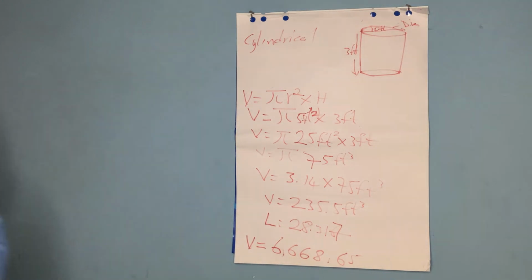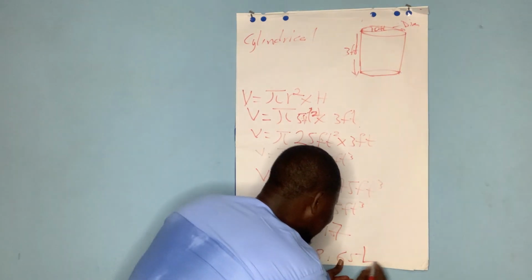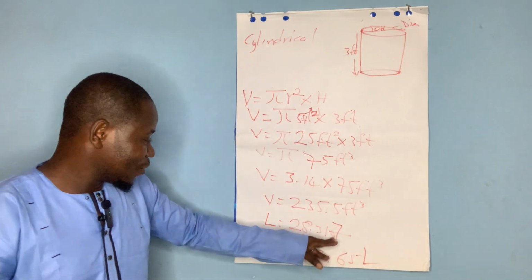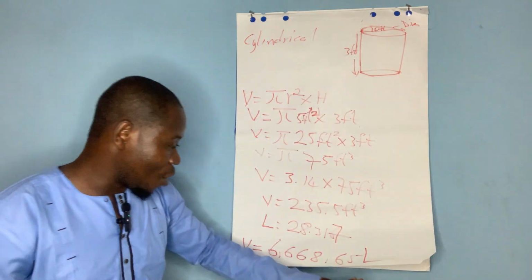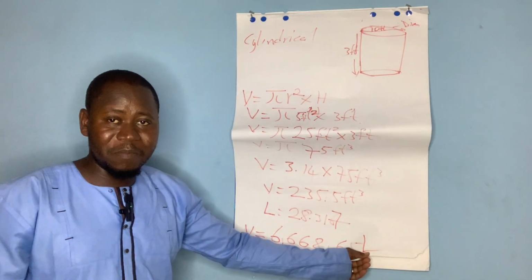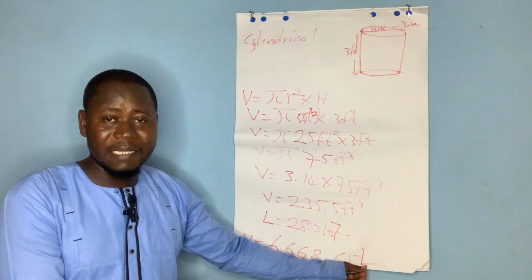Are you following? So now it is in liters. So the cube has gone away and we now have liters. It means we are replacing it by the liters.